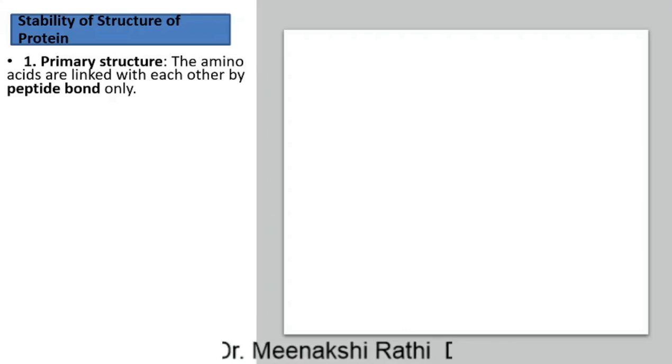The number and sequence of amino acids in the polypeptide chain is the characteristic of primary structure, and these are linked with a very stable covalent bond, that is a peptide bond.